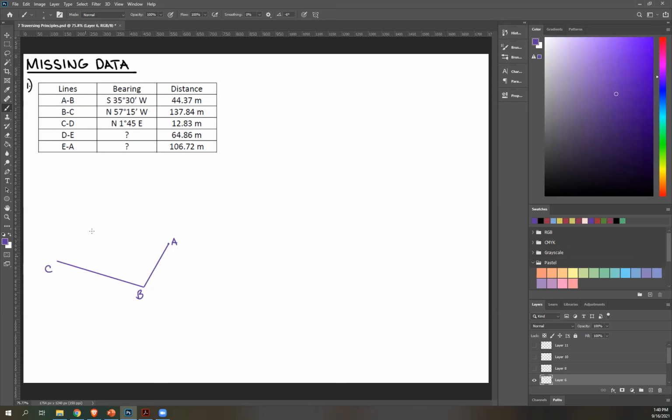This is your C. Next, CD, 1 degree 45 east. So starting at C, this is your C. So just a very tiny amount, and that's your 1 degree, something like that. And then the length is 12, so it's pretty short. Okay.